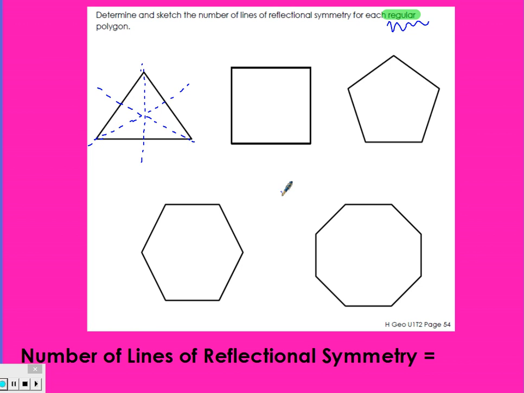Nope, that's it. So I'm going to say this has three lines of reflectional symmetry. It says determine and sketch the number of lines, so I want to identify there are three lines of reflectional symmetry. All right, take a few minutes and try this for the other shapes.